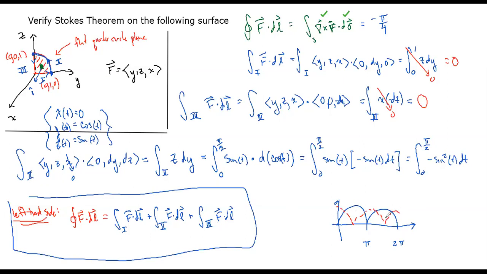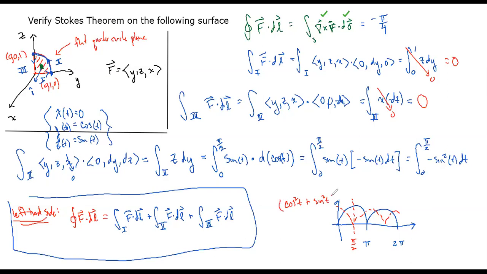By symmetry, the integral of sine squared and cosine squared from 0 to pi, or pi to pi over 2, or 0 to 2 pi, or even if you look at the lumps themselves, pi over 2 to pi, they're all the same. But then there's something else you know. First, you know the integral of cosine squared over these important intervals is equal to the integral of sine squared.